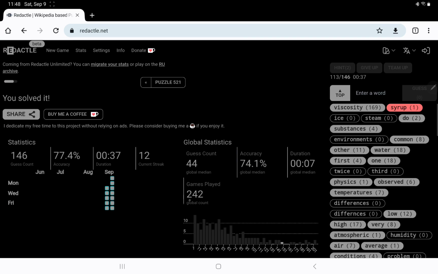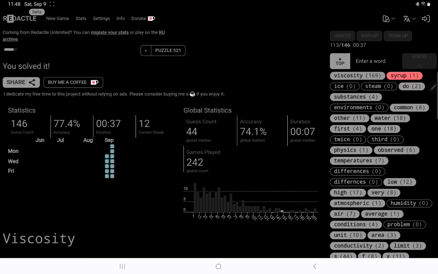All right, there have been 242 games played. The global median is 44. Obviously, I took about 3 times that and had to use a hint. David left a comment yesterday about how there should be some way when you submit your answer that it knows, well, it should know I used a hint, of course, but if I paused and Googled something that would be helpful, there should be some way to say, don't count my statistic.